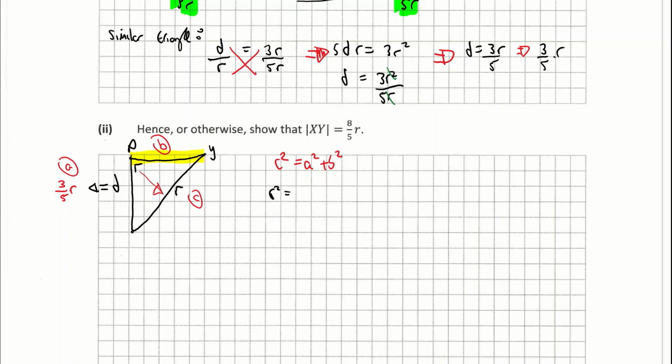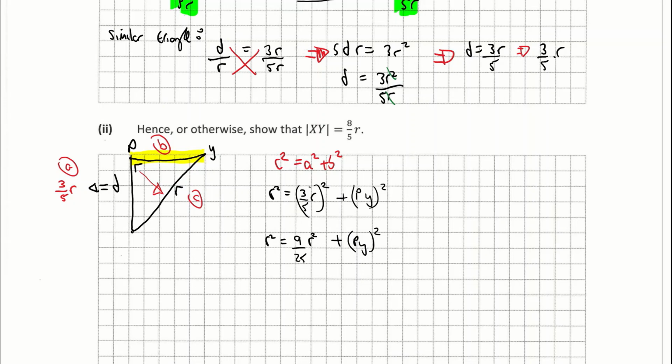My a is going to be 3 over 5 r, all squared, plus my b, which is PY squared. And all I'm going to do then is manipulate this. So this gives me r squared is equal to 3 over 5 squared, which is 9 over 25, r squared, plus PY squared.